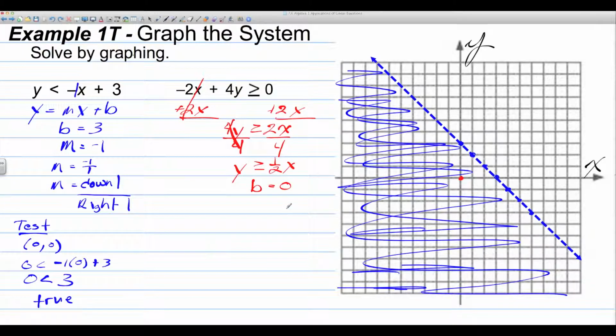And the slope of this line is 1/2, 1 over 2, which means we're going to go up 1 and to the right 2. From this point, we go up 1 and to the right 2, and we can continue that pattern to graph additional points.